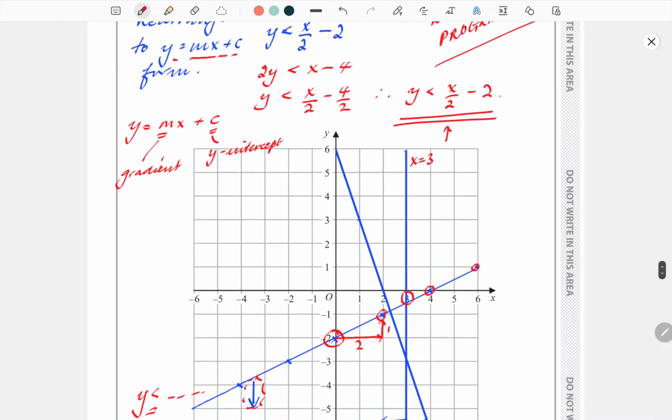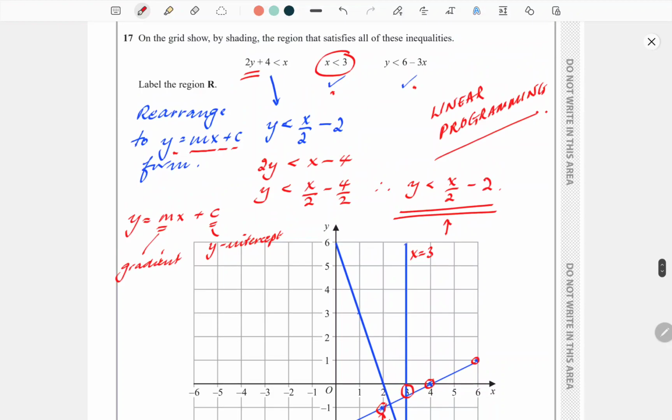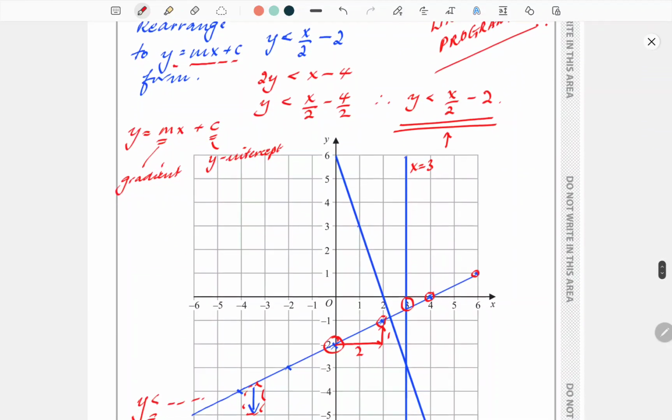And finally, you've got another straight line equation. I'm going to write that here. y is less than 6 minus 3x. So the y-intercept is 6, and the minus 3x gradient means you go across 1 and go down 3.